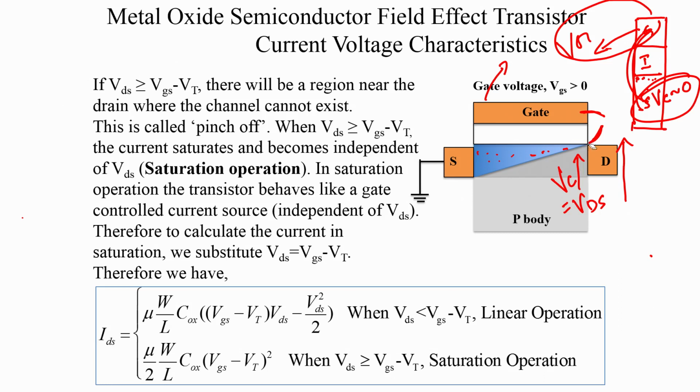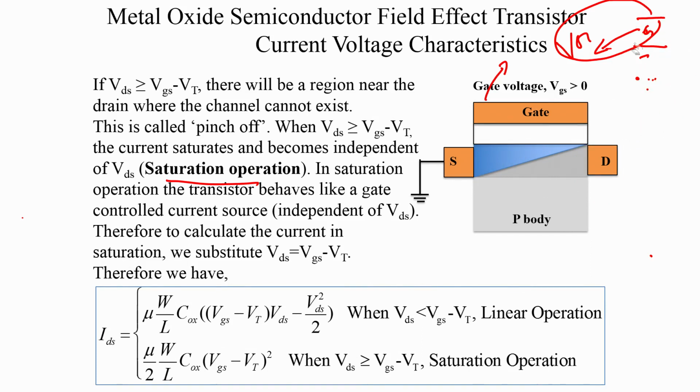So, this end is now pinched off, and we say that the transistor has gone away from linear mode of operation, because now our model is no longer valid. It has entered something called saturation mode operation. If we keep increasing VDS further, the transistor will continue to remain in saturation mode operation. Now, in saturation mode operation, what saturates? We find that the current through the transistor saturates, and I will explain what happens.